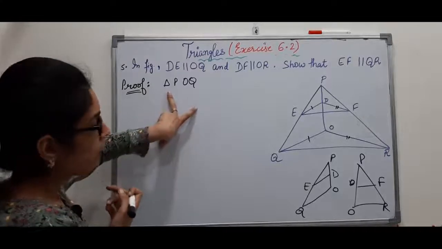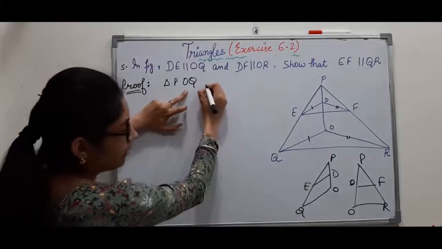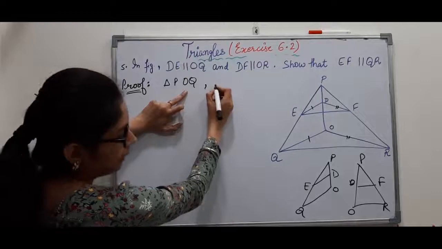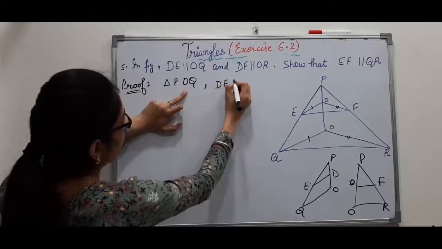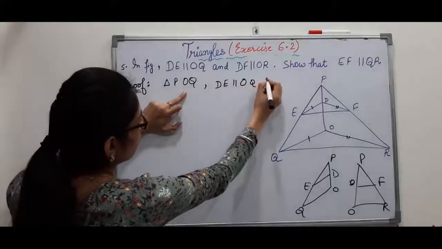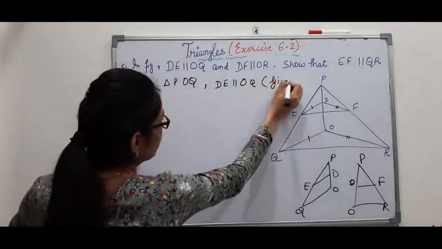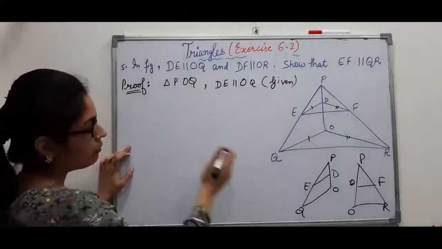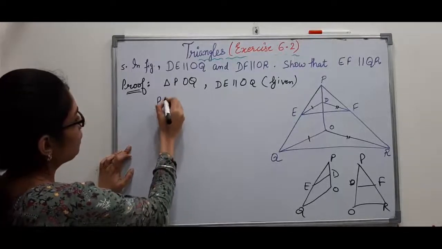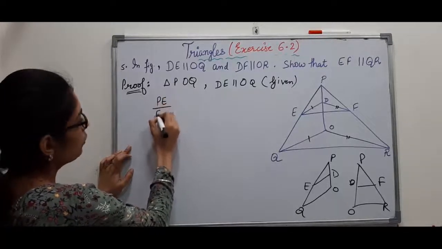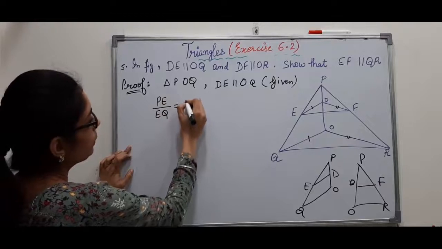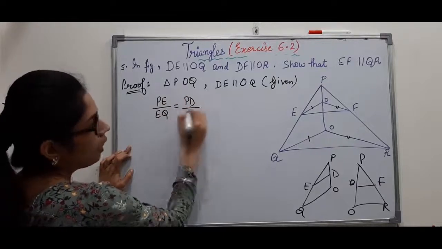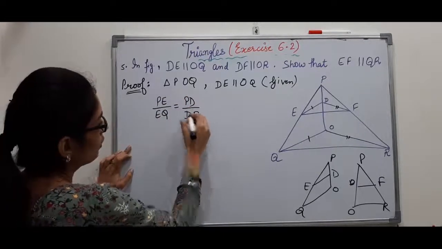So in triangle POQ, it's given to us that DE is parallel to OQ. You can mention it as it is. If these lines are parallel to each other, we can use the result PE upon EQ equals PD upon DO.